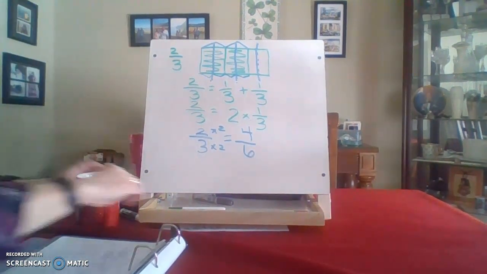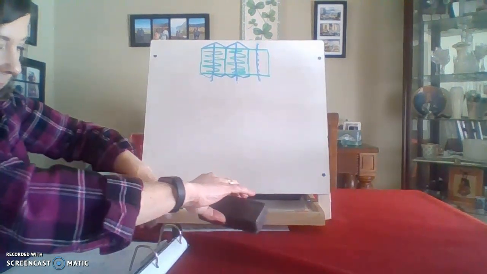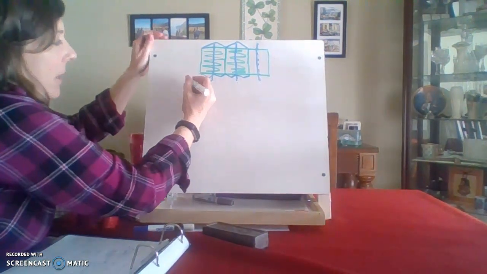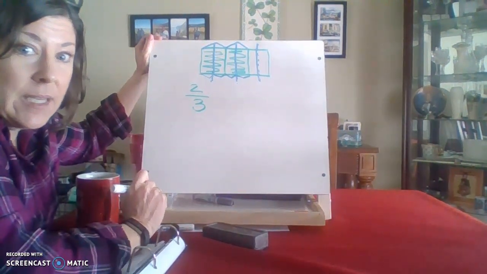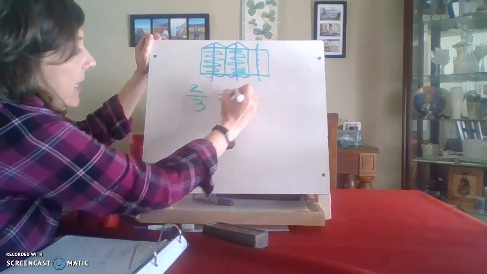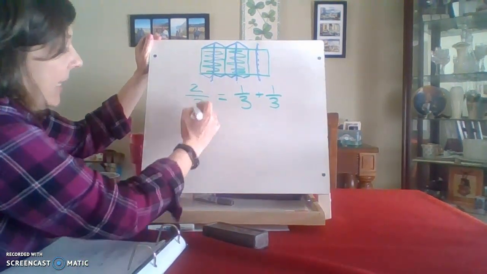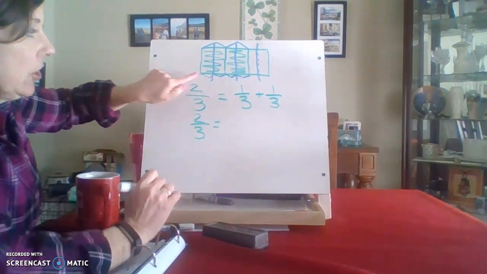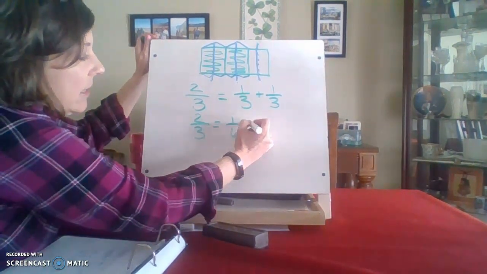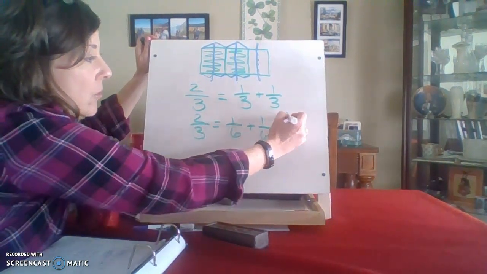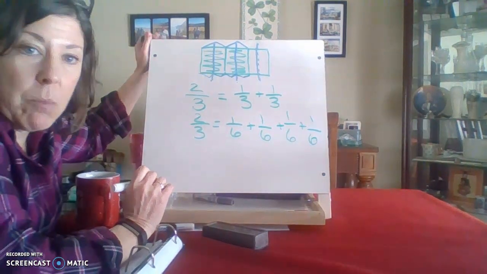Now, that means I can take my 2/3, which I know is equal to 4/6, and rewrite it not only as a sum of unit fractions with thirds, but also as a sum of unit fractions using my sixths. So 2/3 is also equal to 1/6 plus 1/6 plus 1/6 plus 1/6. 1, 2, 3, 4 smaller parts.